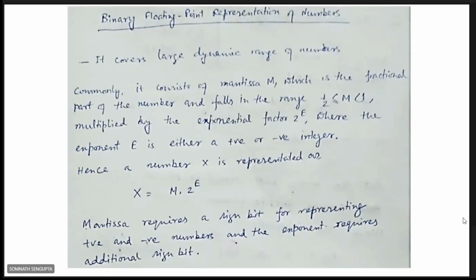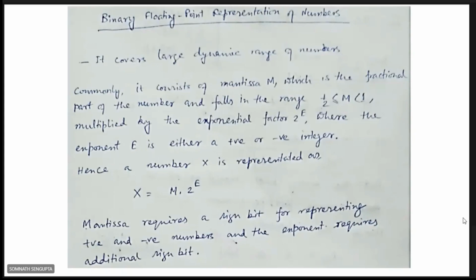In fixed point, we have seen the problem is round off error. But in floating point, this can be overcome. Also, fixed point cannot cover very large valued numbers, but in floating point representation, we can cover large valued numbers.